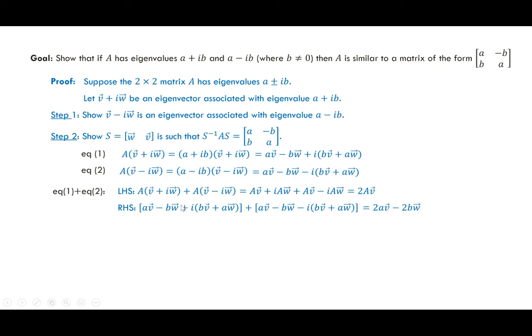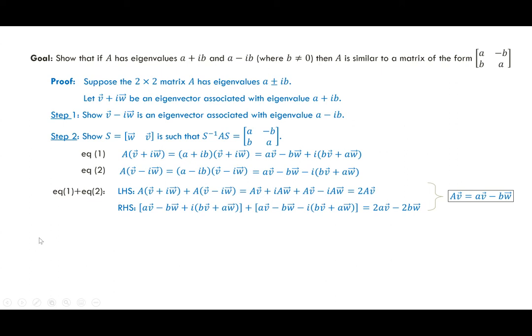And so the right-hand side equals 2aV minus 2bW. And so setting these equal and canceling 2's, we get this equation that A times V equals little a times V minus little b times W.